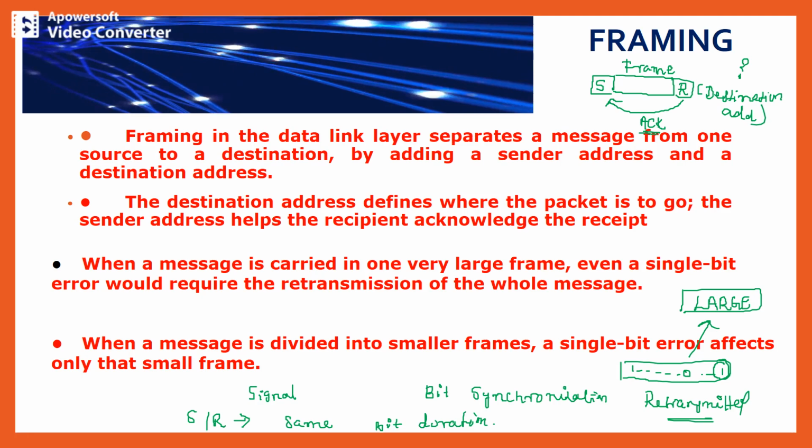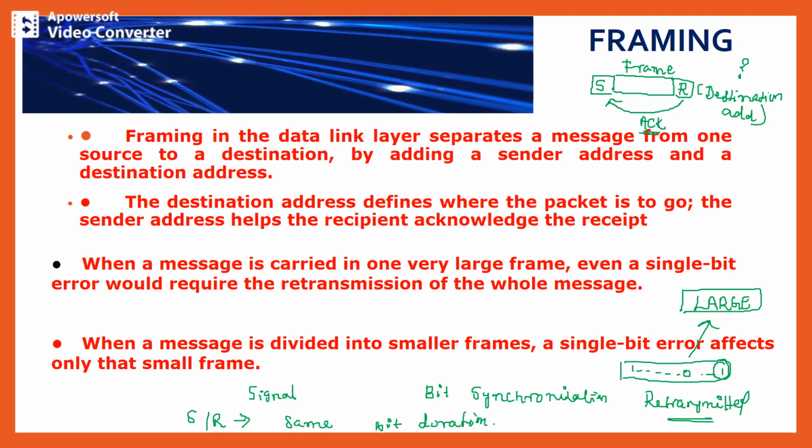So when a message is carried in one very large frame, even a single bit error would require the retransmission of the entire message. In order to overcome this problem, we can divide the frame into smaller sizes.